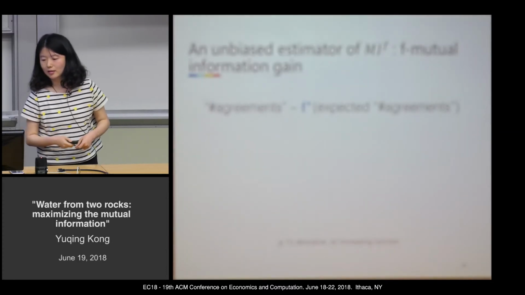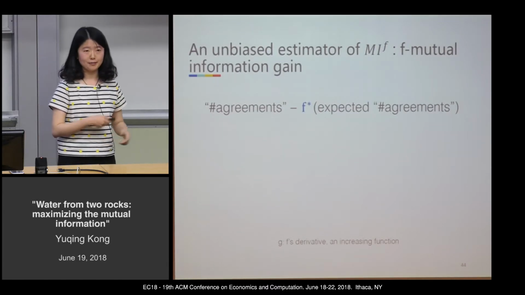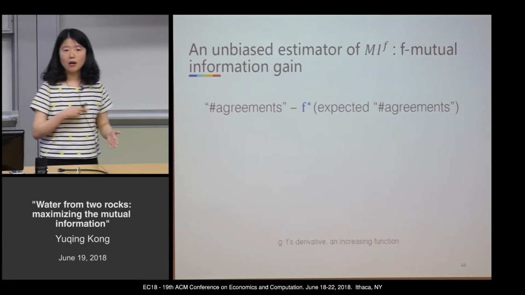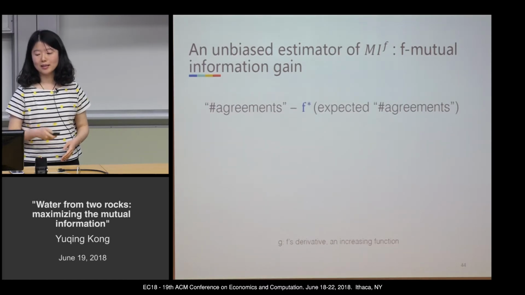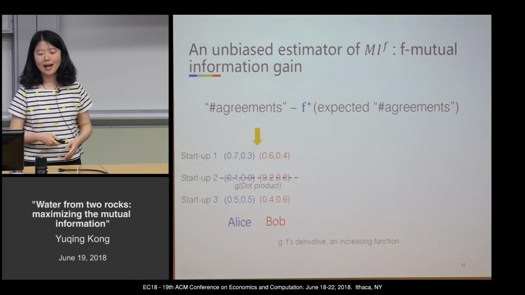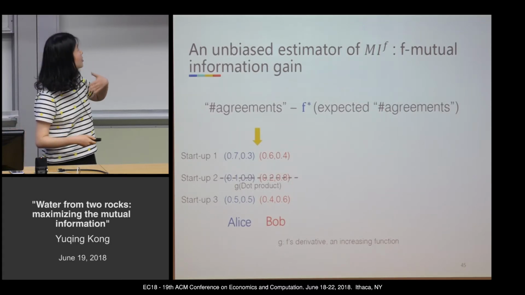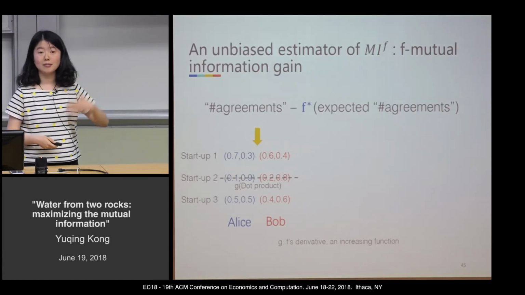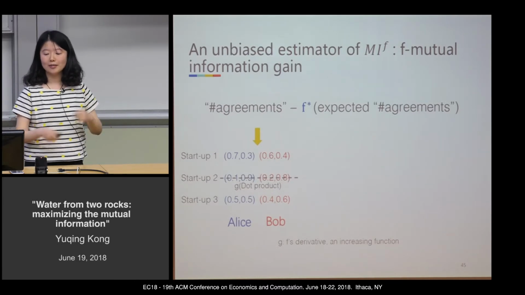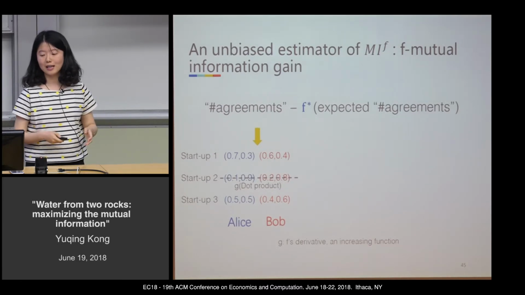And the idea is we not only pay them for the number of agreements, we also calibrate by subtracting the number of expected agreements. So like there are 3 data points here, and the number of agreements means that we can just randomly pick a startup and calculate the dot product between their forecasts.